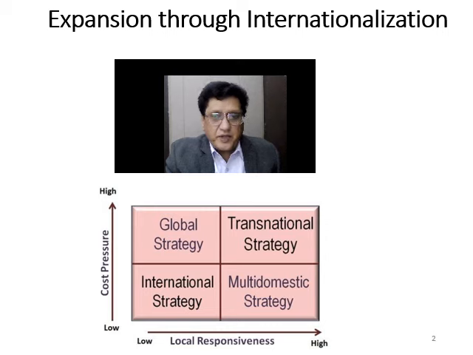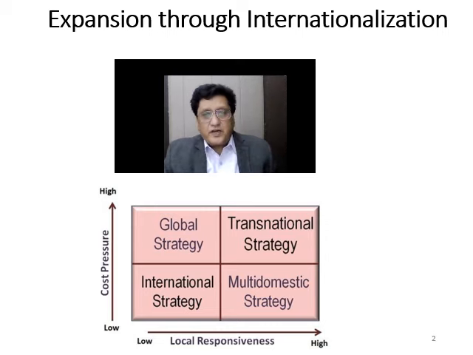In strategic management, we have already understood what we mean by grand strategies. One of the grand strategies is expansion strategy, and one of the important components of expansion strategy is expansion through internationalization. In internationalization, organizations aim to go beyond their national market.